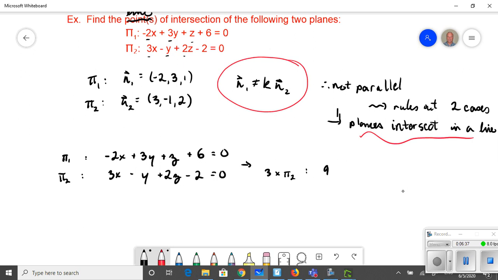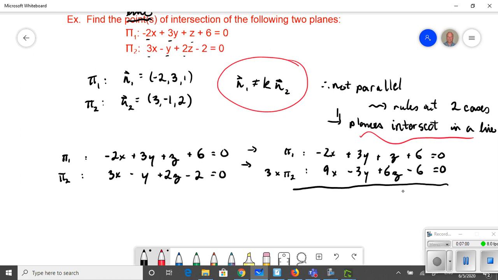So I'm going to have 9x minus 3y plus 6z, multiply 3 by negative 6 and 0. And I'm going to write plane 1 again: negative 2x plus 3y plus z plus 6 equals 0.